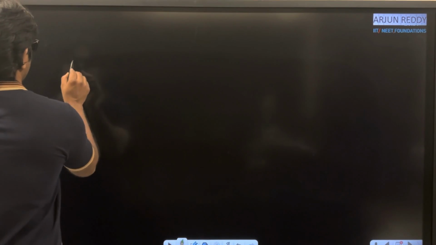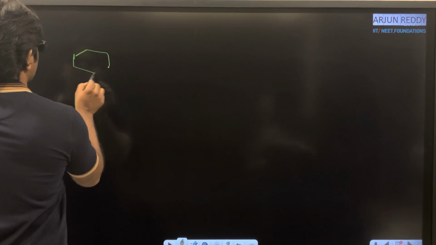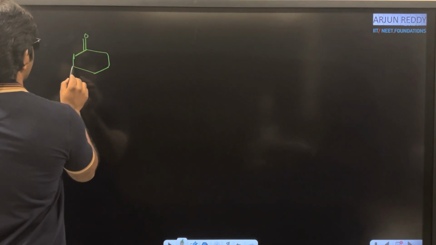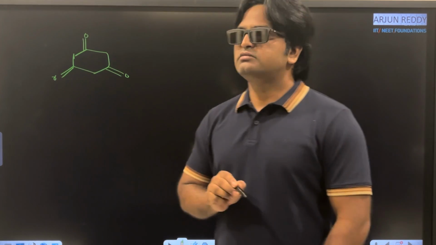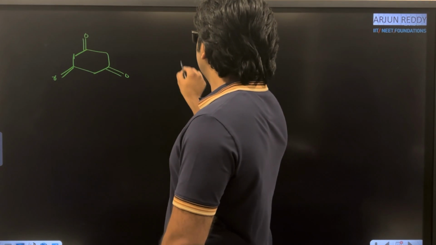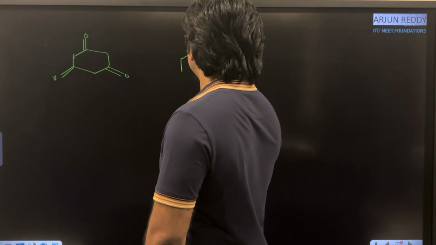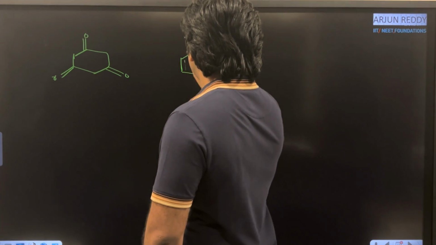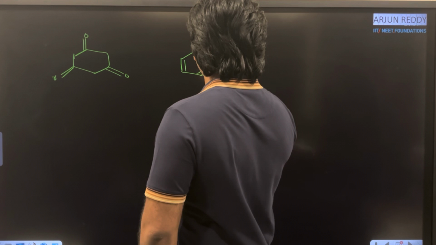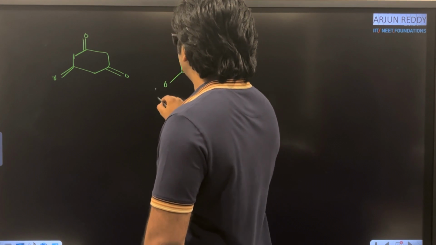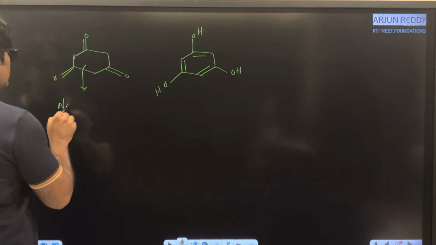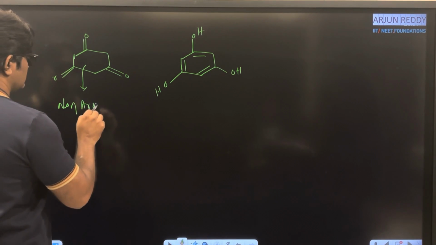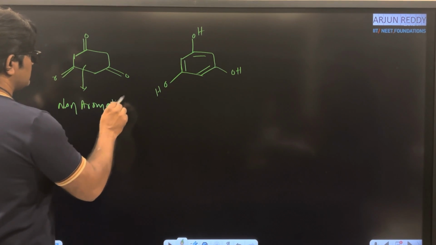One more important example. Here the molecule is given like this: double bond O, again double bond O. Two ketones are there, and the corresponding enol form is like this. This is our enol form: OH, again OH. On the left side, what is the nature of this compound? Non-aromatic compound, right?